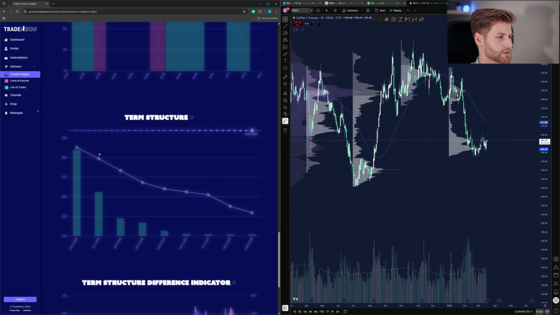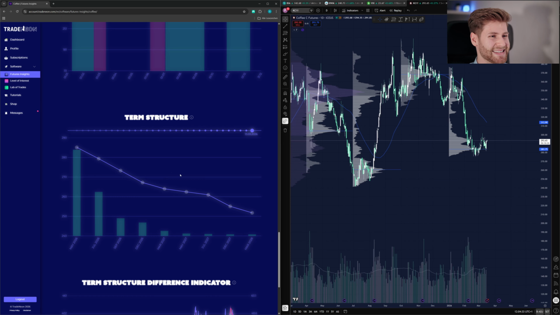The term structure shows us a perfect backwardation in the market, which simply tells us that the future contracts that are closer to expiry are more pricey. This is a bit out of the ordinary, because it's usually the other way around, that future contracts that expire further into the future are more pricey as, for example, storage costs are being priced in.